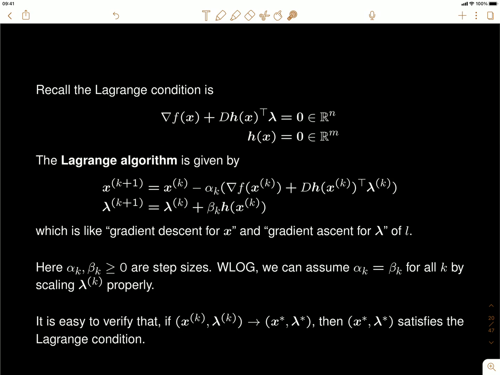Okay, so let's keep those as a notation, and now let's derive the so-called Lagrange algorithm for solving this equality constraint problem. This is based on the Lagrange condition. When we have the Lagrange function, we can get the Lagrange condition by taking the gradient of the Lagrange function with respect to x and lambda.